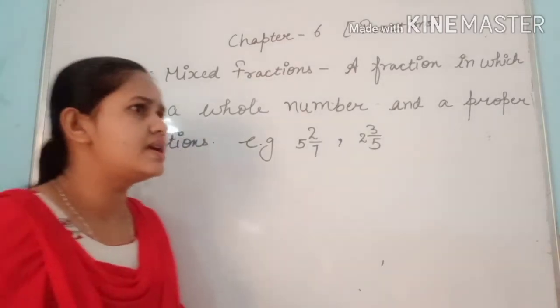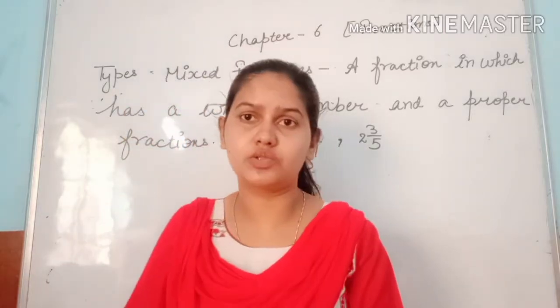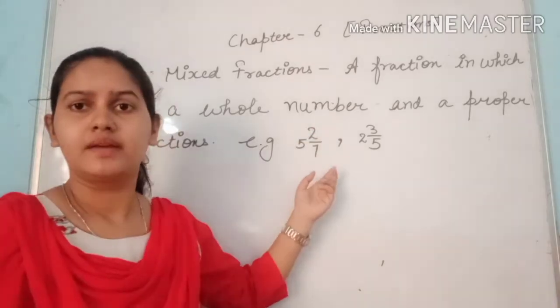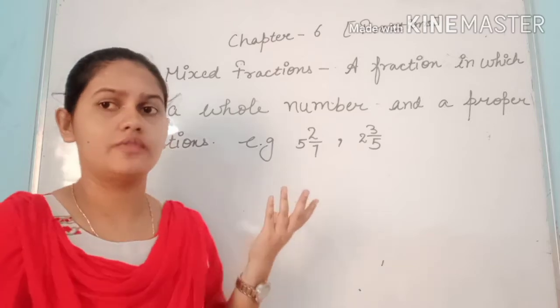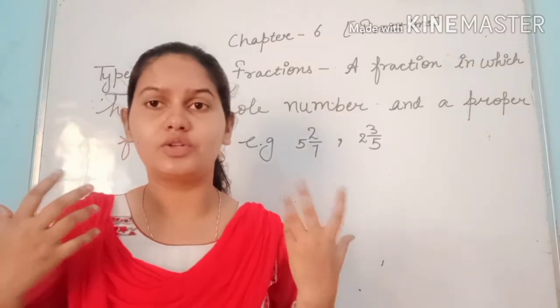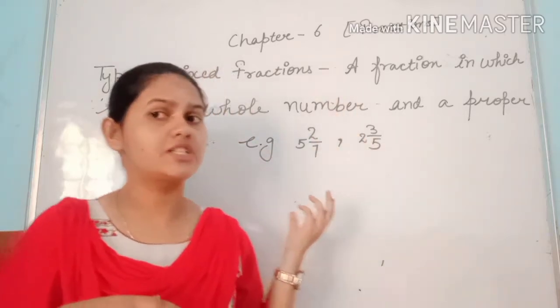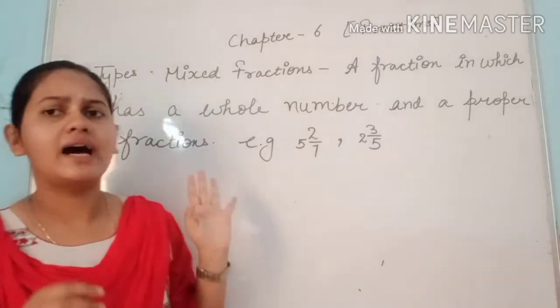Which means we have a whole number and we also have a proper fraction. We can see this one is whole and this one is a proper fraction. So this one is a mixed fraction, we can say. And when we solve it at a higher level, it becomes an improper fraction. Okay students, so we have done our types.